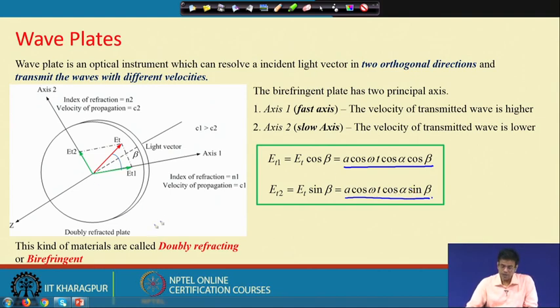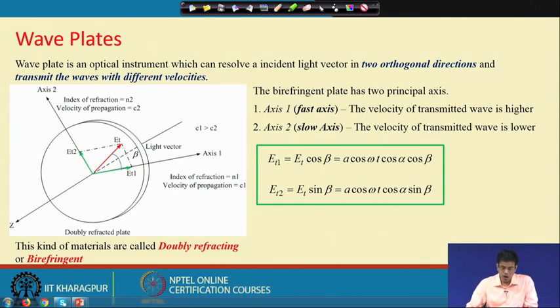This property is essentially known as birefringence. So, these are the basic principles of designing the polariscope, which is very important to us, because we will be using this polariscope in our photoelastic measurement.